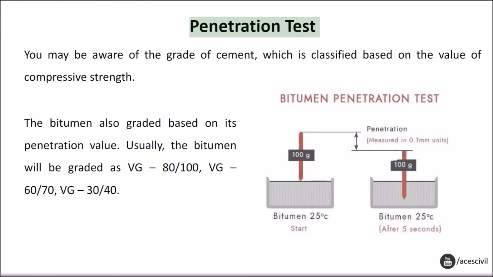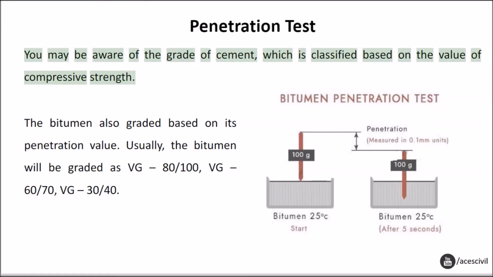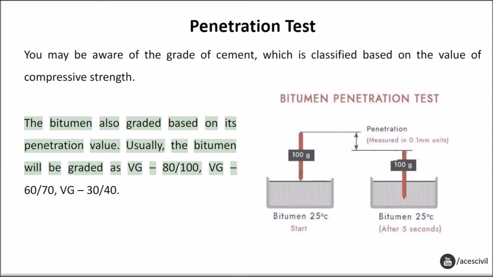Penetration test. You may be aware of the grade of cement, which is classified based on the value of compressive strength. Bitumen is also graded based on its penetration value. Usually, bitumen is graded as VG 80/100, VG 60/70, VG 30/40.